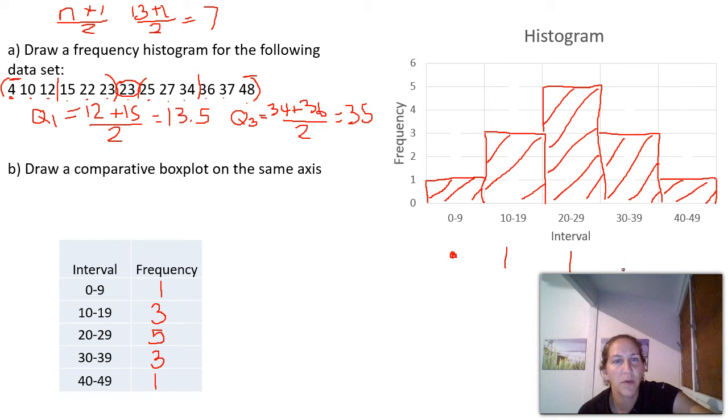My upper quartile is a value of 35, right about here. And my final value is 48, so right near the end. Then I just draw a line to attach this one, a box to attach my interquartile range, right?